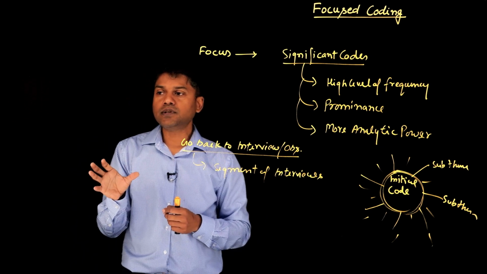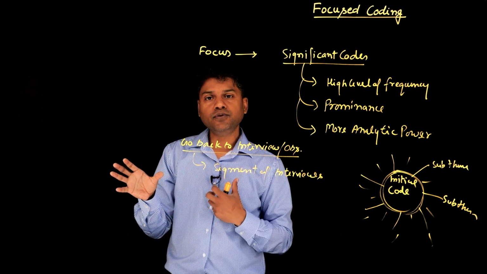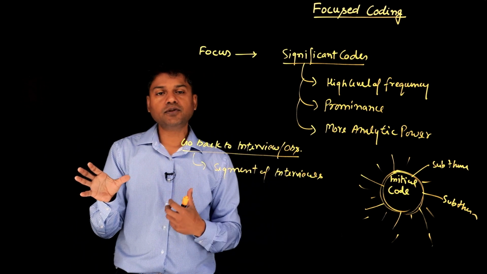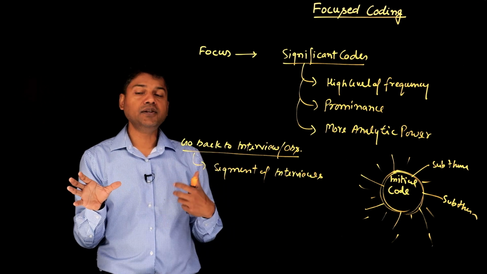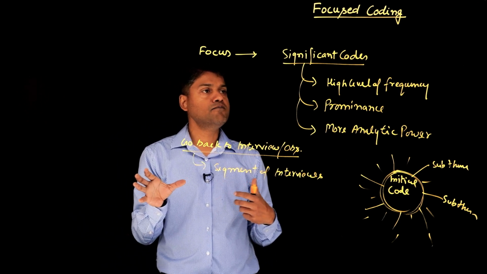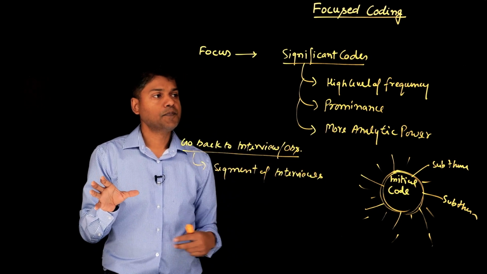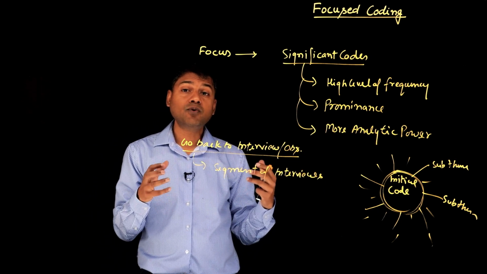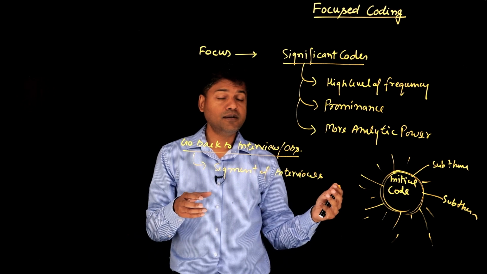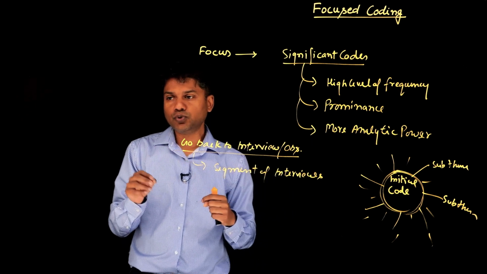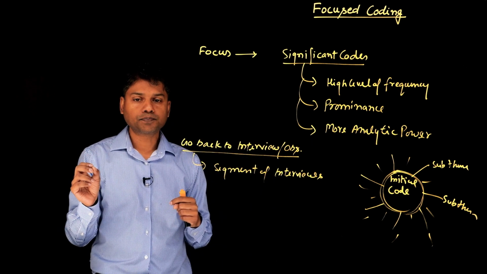What are the codes that, based on my interview experience, my reading of the data, and the initial coding, seem to have more frequency across participants? What are the codes that have more analytic power to explain the phenomenon? Based on those observations, you select certain codes.